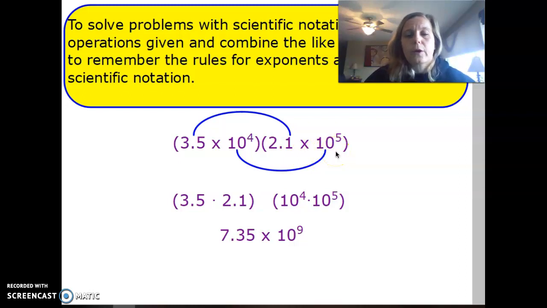If we are going to multiply bases that are the same, we end up adding the exponents, and that gives us 10 to the 9th power. Now our final step should always be, is this number in proper scientific notation? We see it is because there is only one number in front of the decimal point. So that's all we're going to do, and all we're going to add on is either multiplying or dividing.